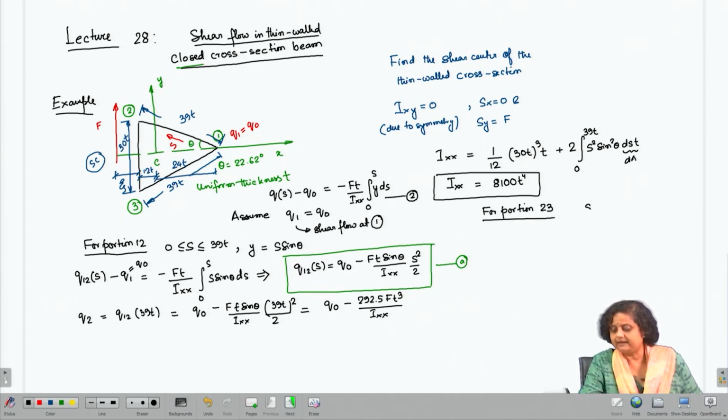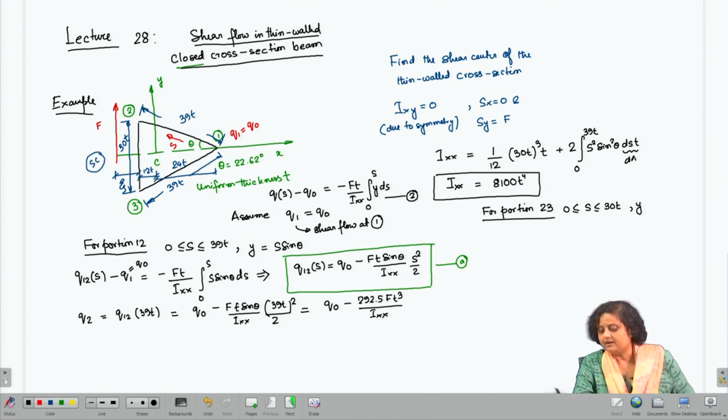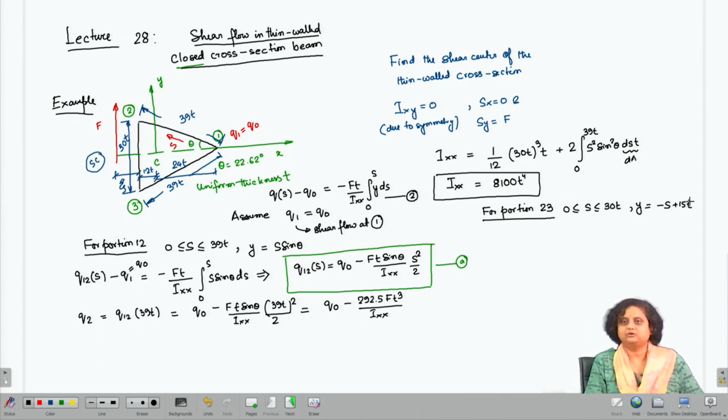We have S varying between 30t to 0, and y is going to be minus S plus 15t. So, when S is equal to 0, y is 15t, and when S is equal to minus 30t, y is equal to minus 15t. So, which is being satisfied.